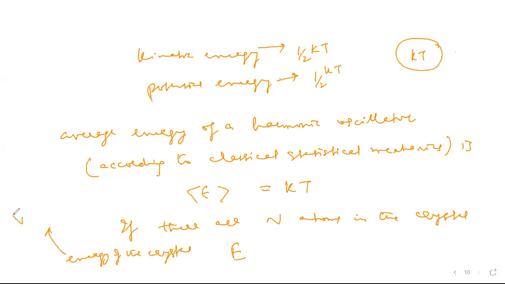Vibrational energy. Vibrational energy of the crystal, E, is simply 3nkT. In one dimension, it is just nkT, because per harmonic oscillator, it is on the average kT. So you have to multiply by n. 3 is because the crystal exists in 3 dimensions. So oscillations are in 3 dimensions, right?